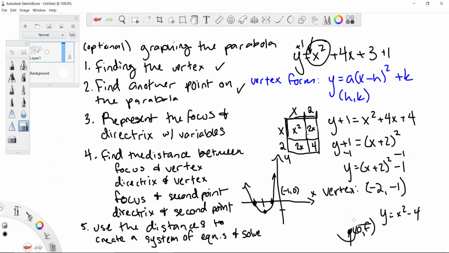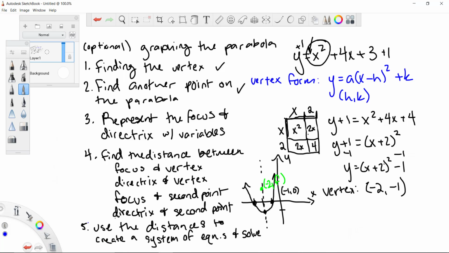Now we're not centered on the y-axis. Now we're centered on x equals -2. So our focus, we can say, let's use a color, is -2, f.